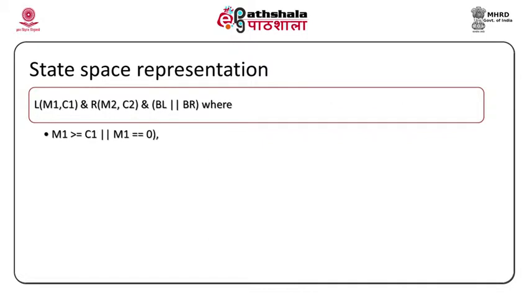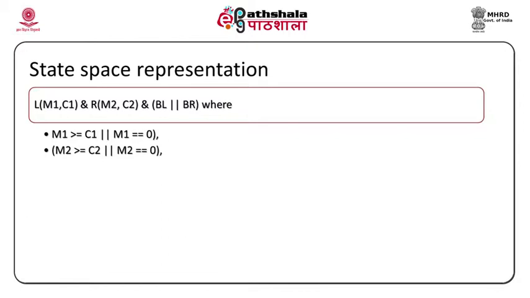When you write a mathematical equation to represent the real world, this is tricky. Please remember to write M1 equal to 0, otherwise you cannot solve this problem, because when the number of missionaries becomes 0, you can have 2 or 3 cannibals, no problem, because there is no missionary to eat. Similarly, M2 is greater than or equal to C2, or M2 equal to 0.